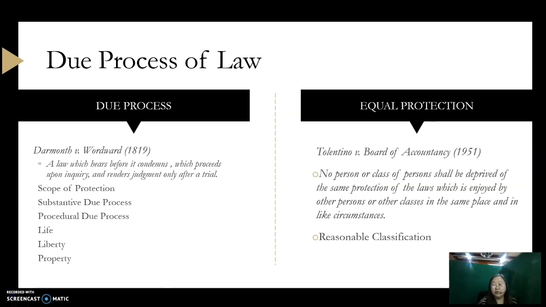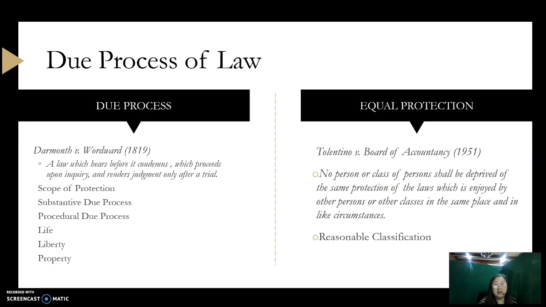As to the equal protection of the laws, in Tolentino versus Board of Accountancy, decided by the Supreme Court in 1951, it said that no person or class of persons shall be deprived of the same protection of the laws which is enjoyed by other persons or other classes in the same place and in like circumstances.